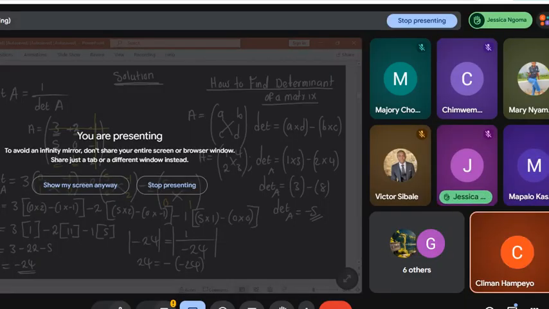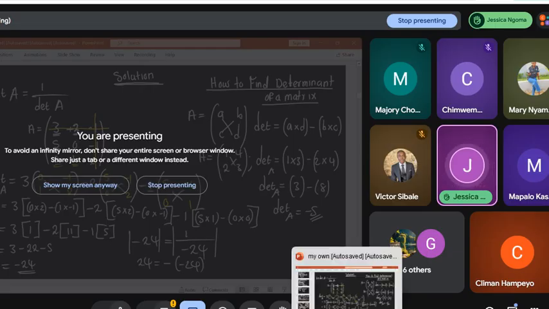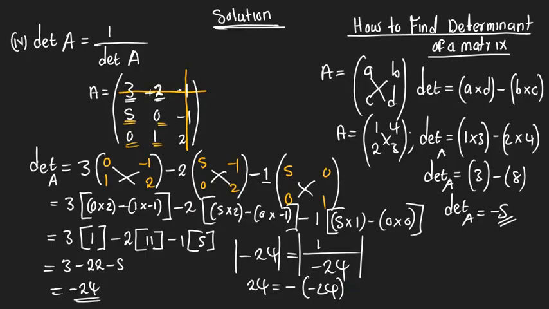Jessica, yes? You have a question? Sir, there where you said 5 times 2 minus 0 times 1, I see 0 times negative 1, it's 0. And then you have written 11 there.